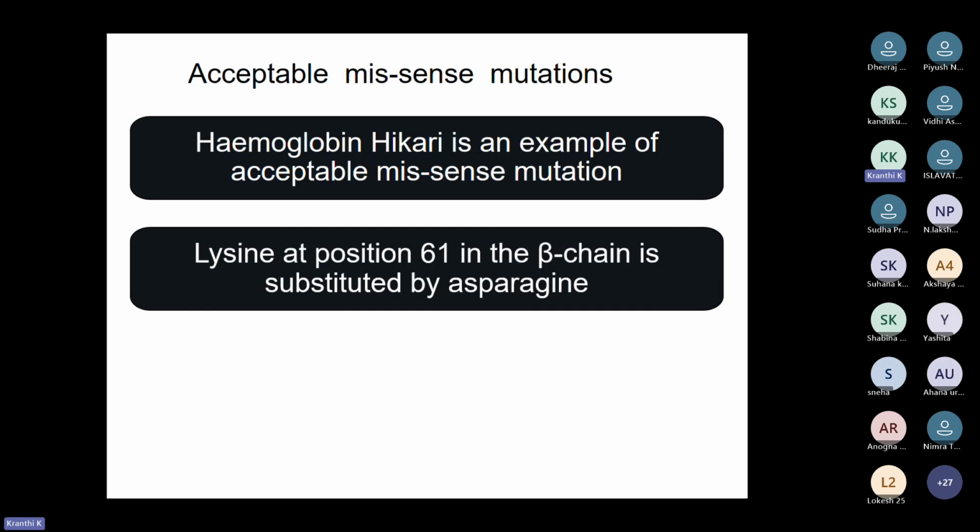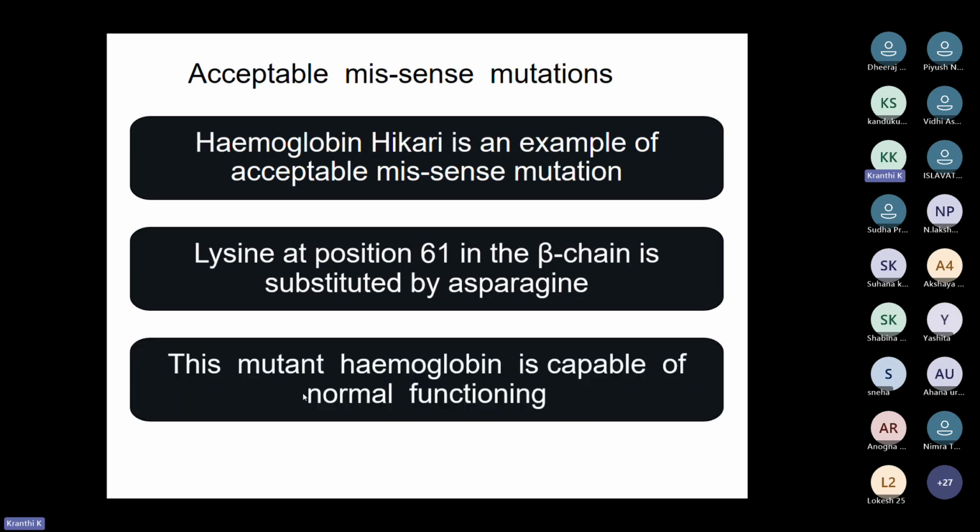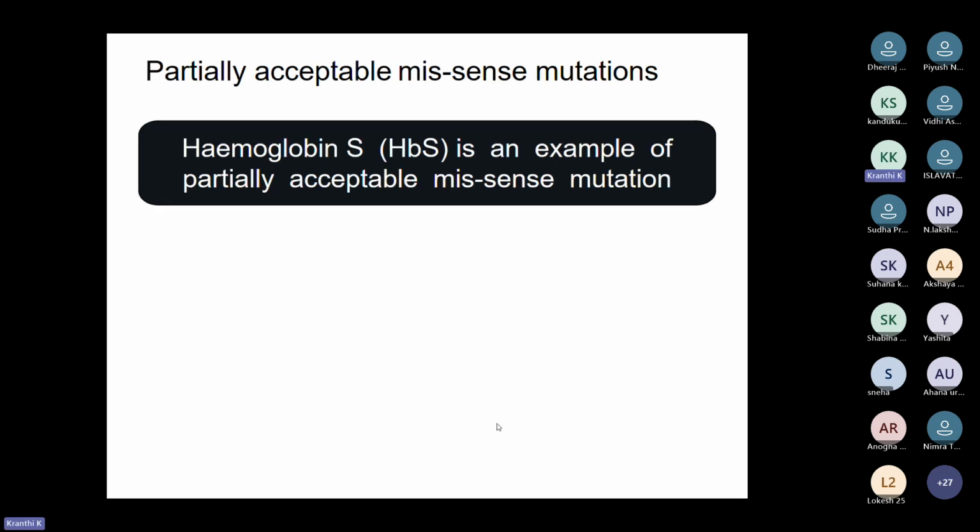The taking of the oxygen will be the same, RBC size will be the same, RBC shape will be the same, oxygenation will be the same, everything will be the same. So it's a missense, nothing will happen. This mutant hemoglobin is capable of normal functioning. That is acceptable.